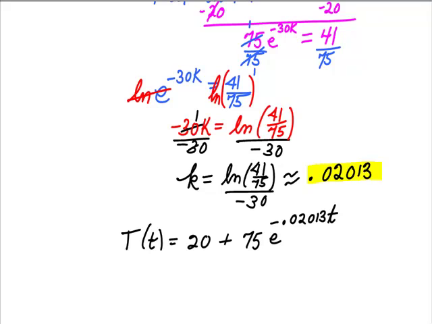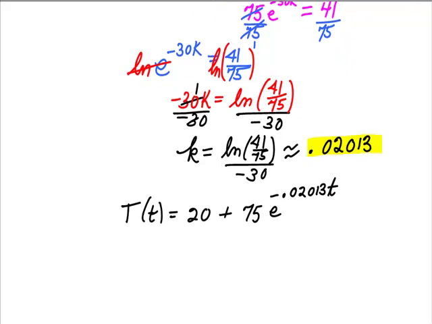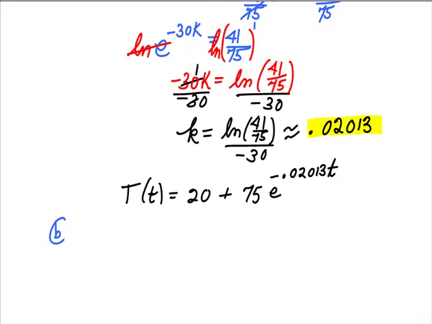Now part B is we have to get the average temperature. So we would say, and it's the average temperature over the first half hour. So that means we want t between 0 and 30 minutes.